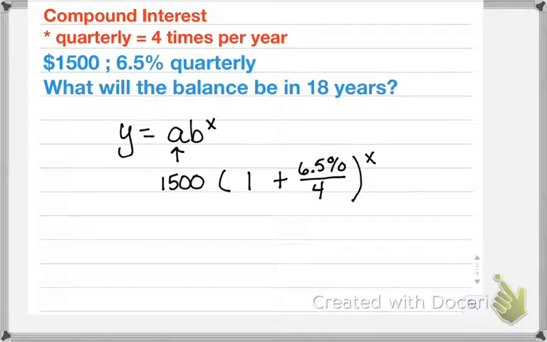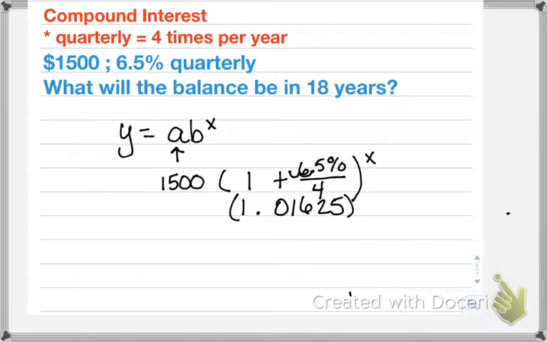If you change this, you get 0.065 or 65 thousandths, and divided by 4, you're going to end up with 1 point, this amount here turns into 0.01625. So that is just changing this percent part, divided by 4, into this decimal.